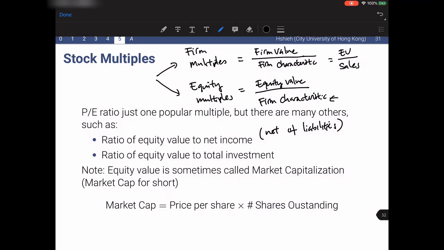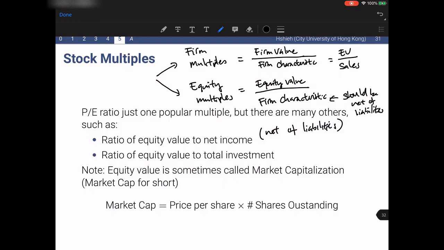So in other words, the firm characteristic for equity multiples should be net of liabilities. Based on my opinion and what I've seen in practice, enterprise value firm multiples tend to be most robust. As you can imagine, equity multiples can be problematic because you can mechanically increase your equity value through leverage, and it can be misleading.